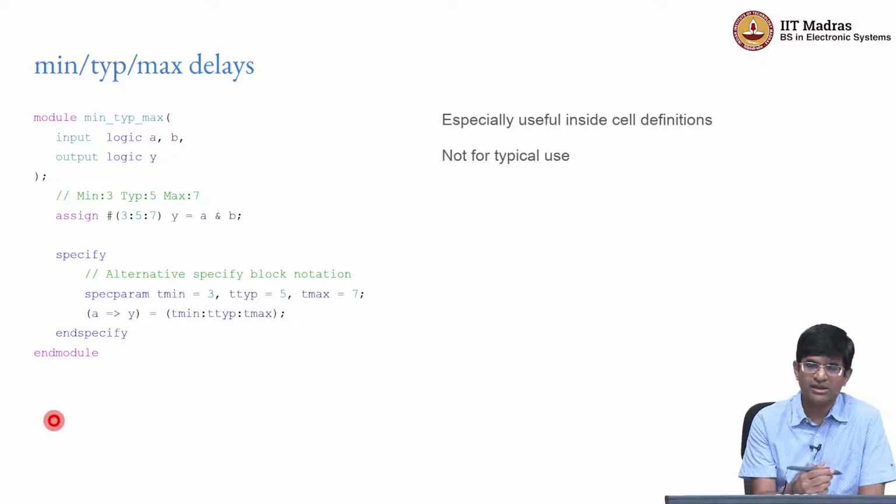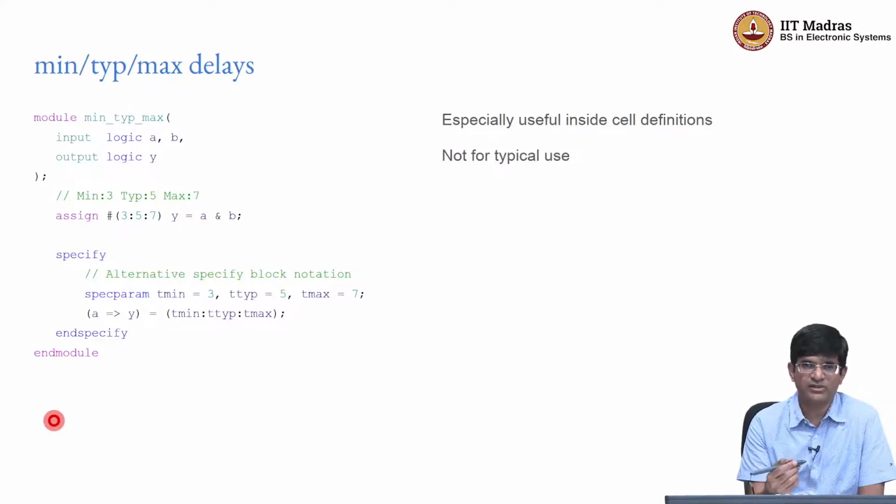So circuits are always designed under an assumption of certain minimum delay, maximum delay and so on, and it is possible to actually have simulations that use all of those different corner cases and try to find out whether your circuit will still work as expected in all of them. Once again, this is not typically done.